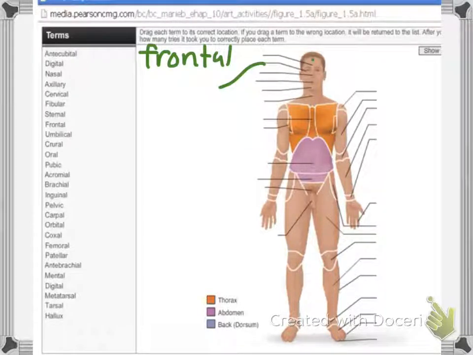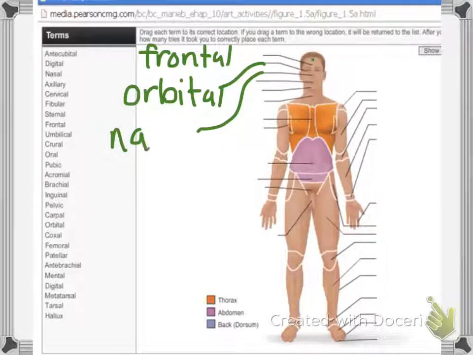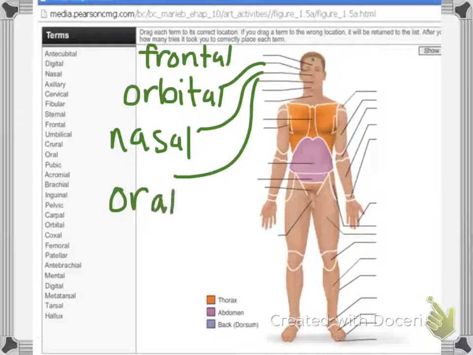The eyes, orbital. Remember I said your eyes are the orbits to your soul. The nose, nasal. The mouth, oral. The cheek on the side here, which is not labeled in this one, but that is buccal.